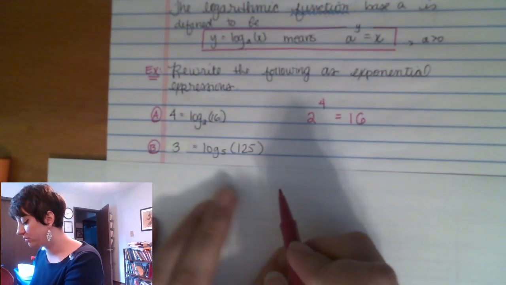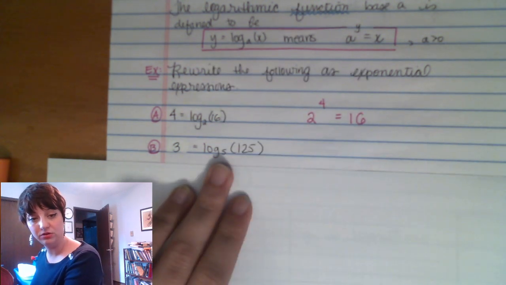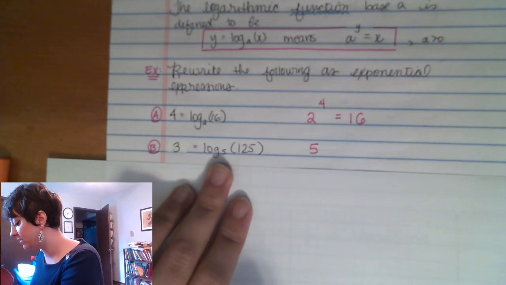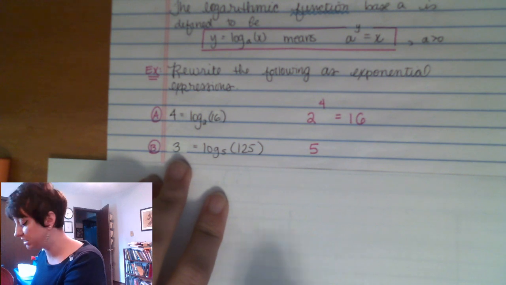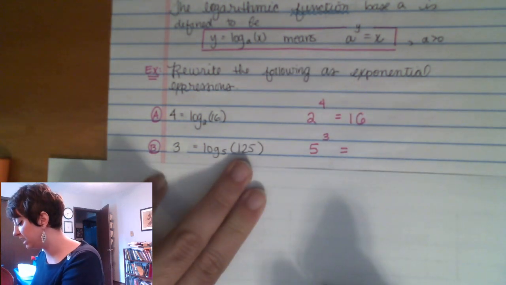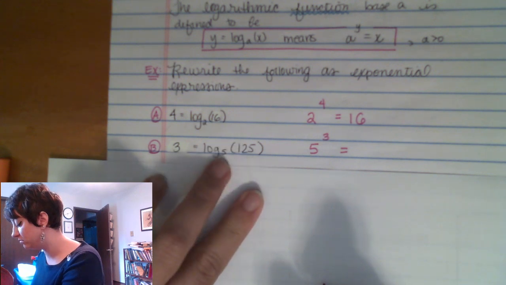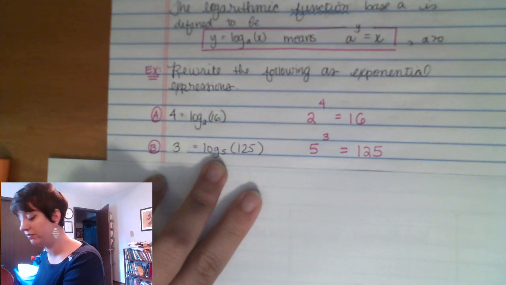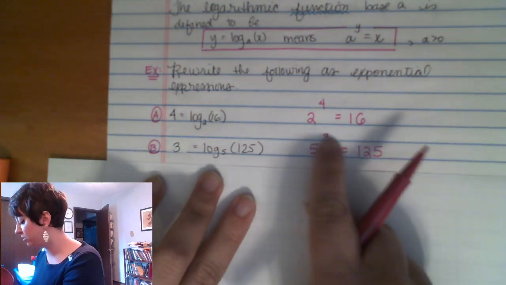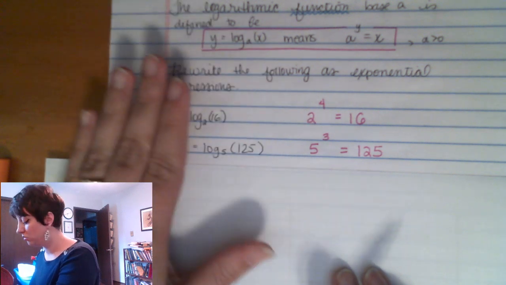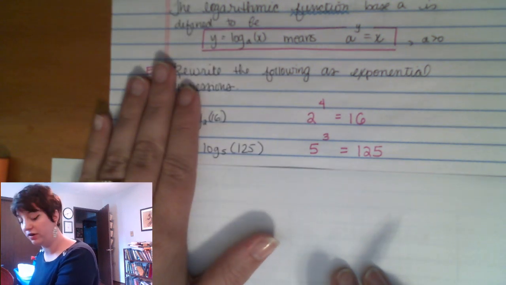The thing I raise to a power is the little number, so here it's 5. Logs spit out exponents, and logarithms take in powers of their base, so 125. So 5 cubed is 125. I can either write the number 3, or I could write log base 5 of 125. Same thing.